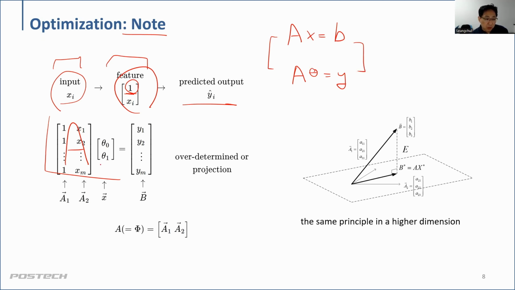And remember, in order to get theta naught and theta 1, these are going to be 2 column vectors like that. And if you do multiplications, then we can have different values of thetas.